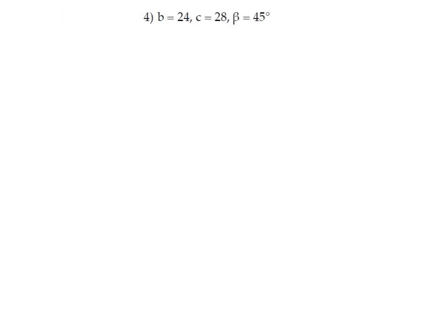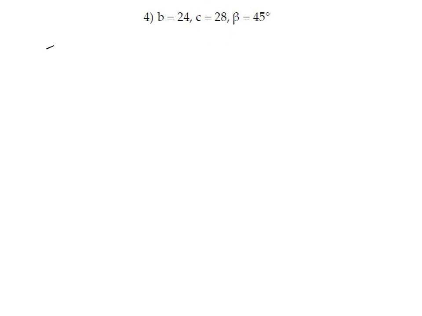Determine the number of triangles possible for number 4. B equals 24, C equals 28, beta equals 45. So what we would do, first off, notice we have an opposite pair, beta and B. So we go after the missing piece, and that would be gamma.